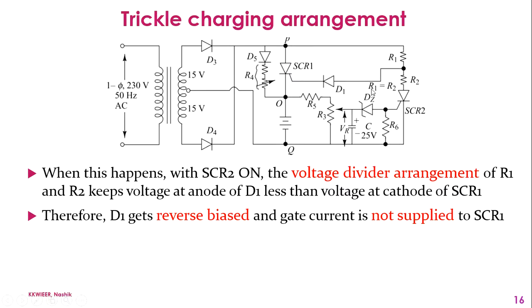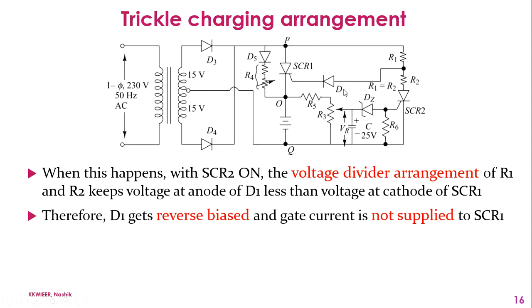So as the SCR2 is on, due to the voltage division of R1 and R2, the voltage at the anode of this diode D1 will be less than the voltage at the cathode of this first SCR.